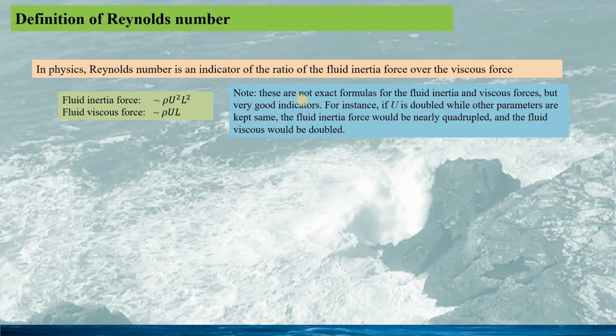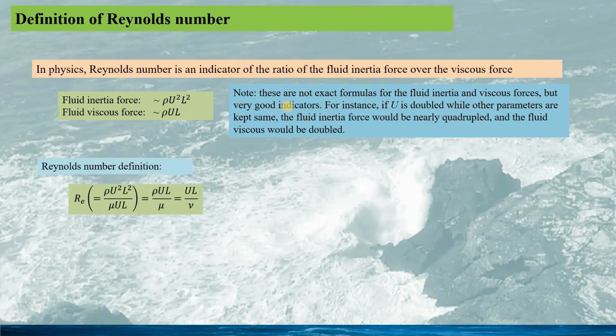For instance, if either the fluid speed u or the length L is doubled, while other parameters are kept the same, the fluid inertial force would be nearly quadrupled, and the fluid viscous force would be doubled. In mathematics, Reynolds number is given as this.